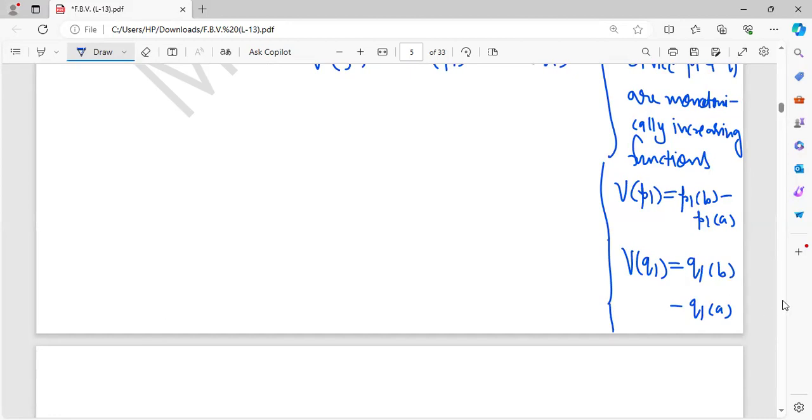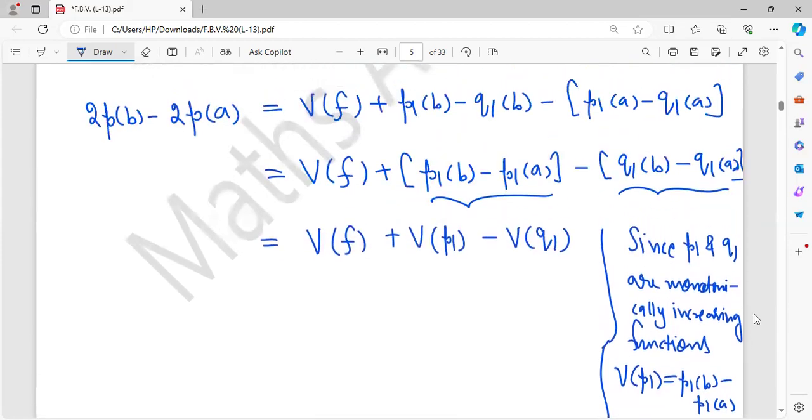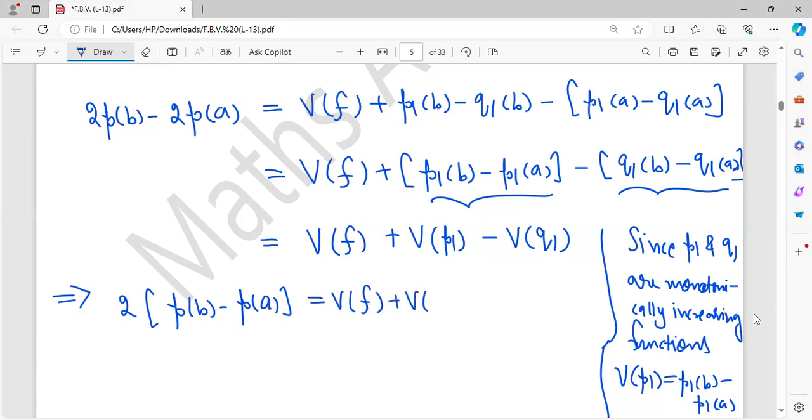So we have this one, and I can take 2 common: this is Vf plus VP1 minus VQ1.